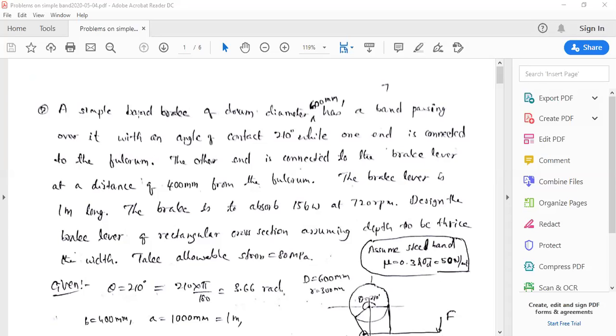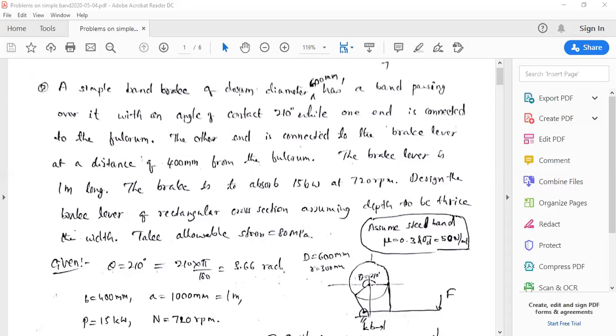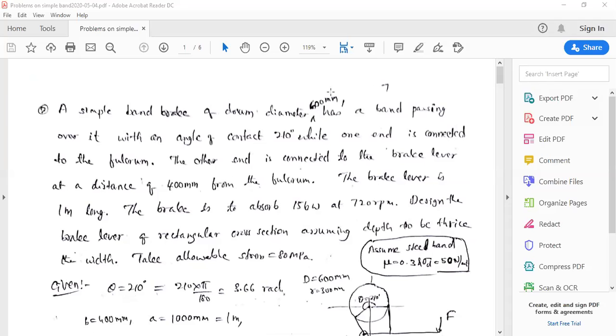In this problem, the statement gives the diameter of the drum as 600 mm, and the band passes over the drum with an angle of 210 degrees. So the angle of contact theta is 210 degrees.